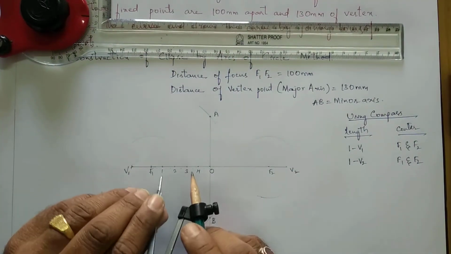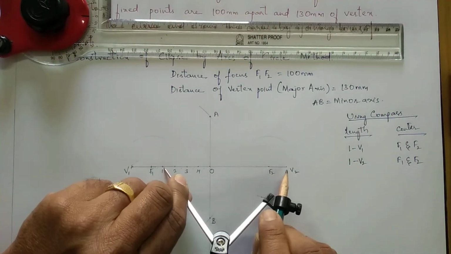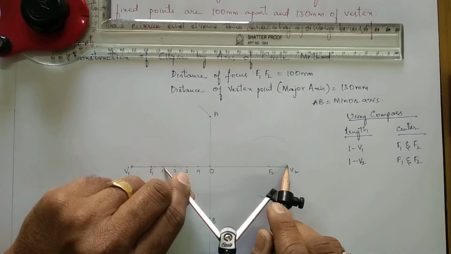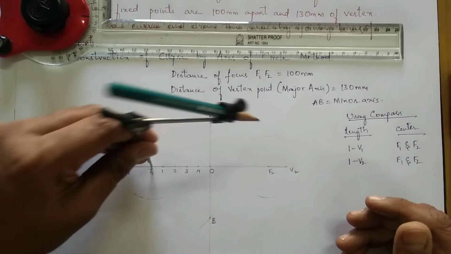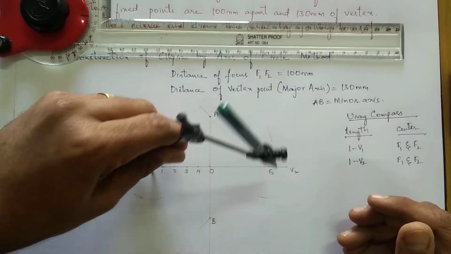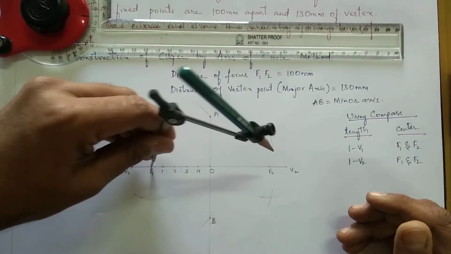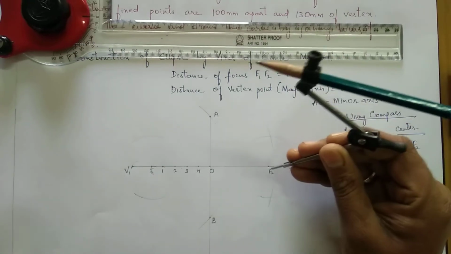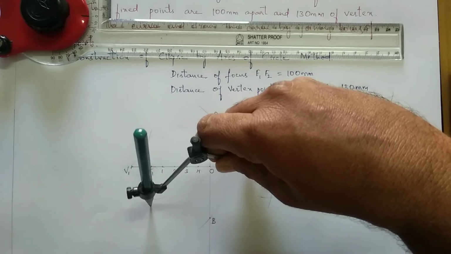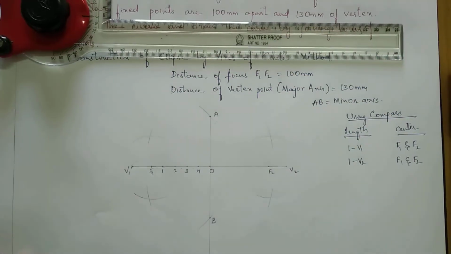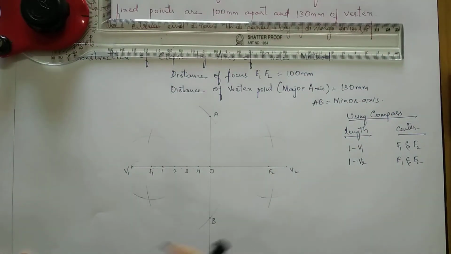Now from this point, 1 to V2 length, F1 as a center, draw an arc above, draw an arc below. Similarly, F2 as a center, intersect the previous arcs. So these are the 2 points.